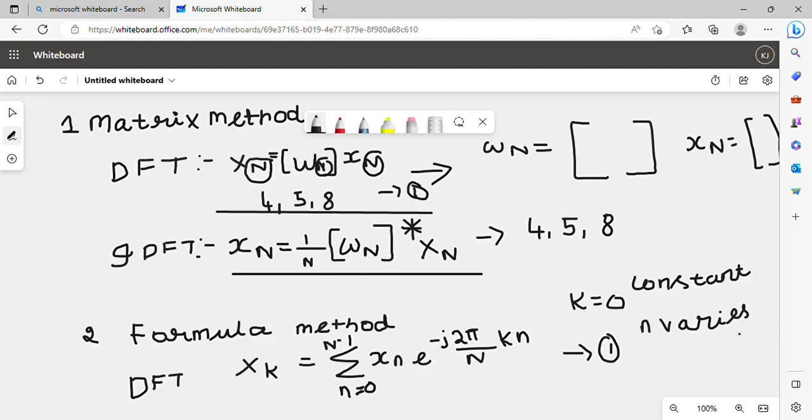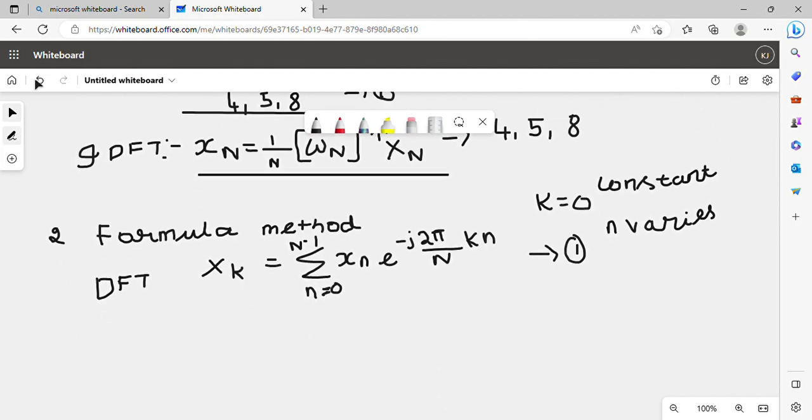But in the case of the IDFT methodology, you have to use another formula.